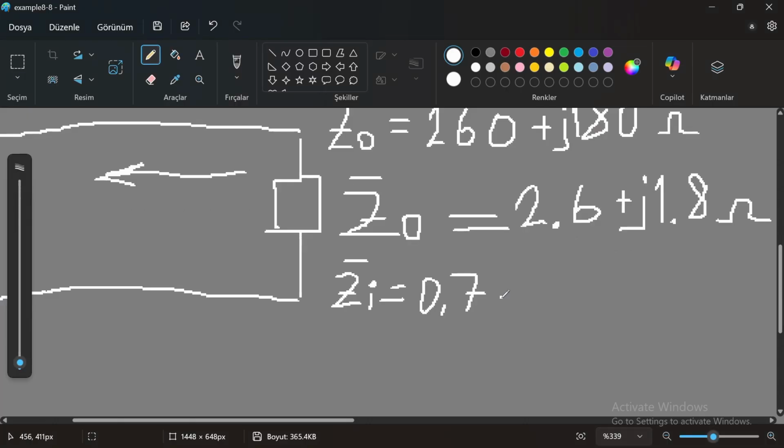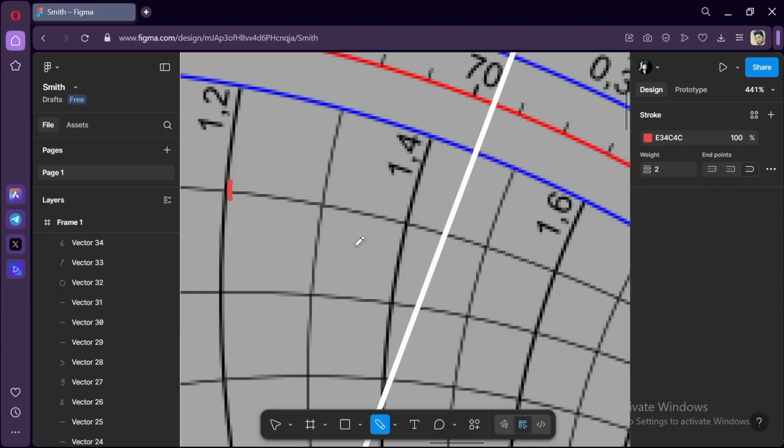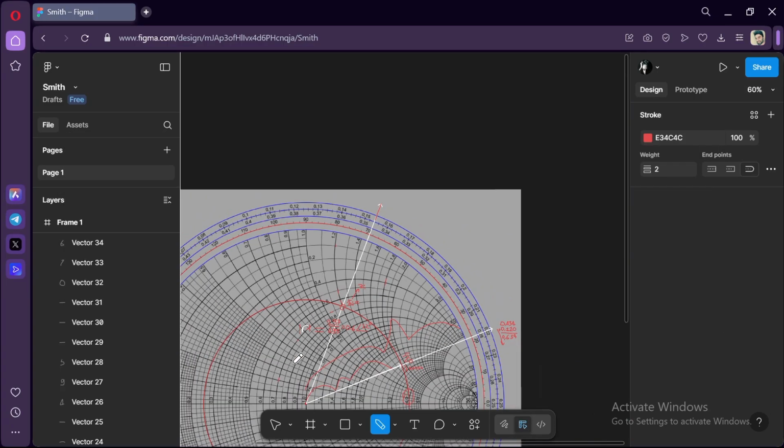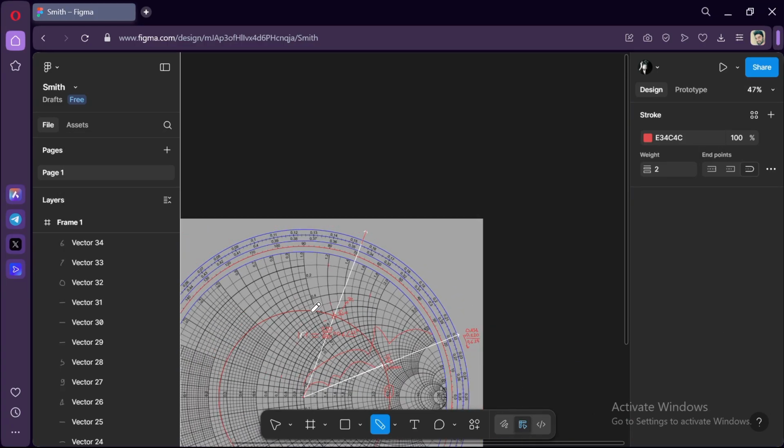Plus j1.2. This is plus j because, let me show you, we are using the upper side of the Smith chart.